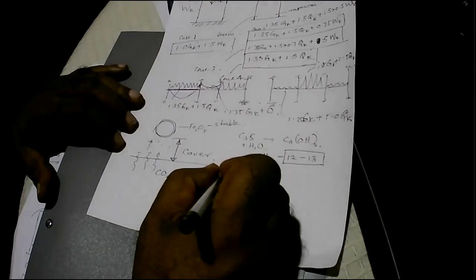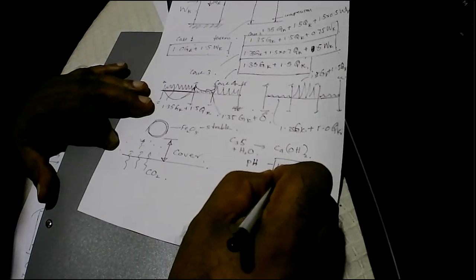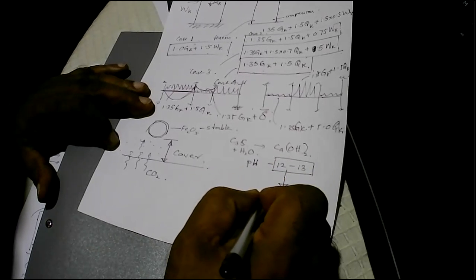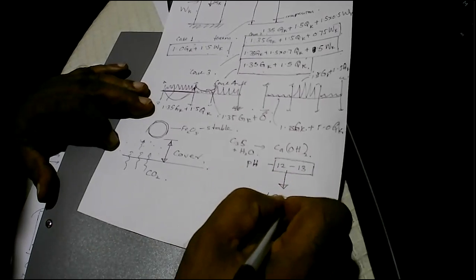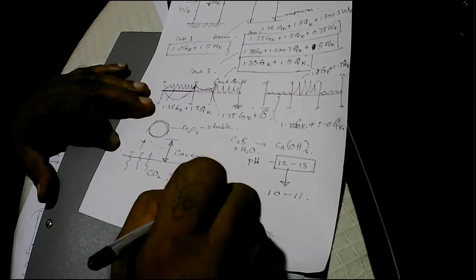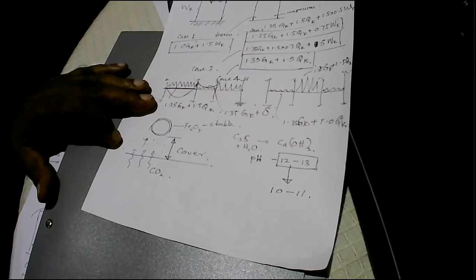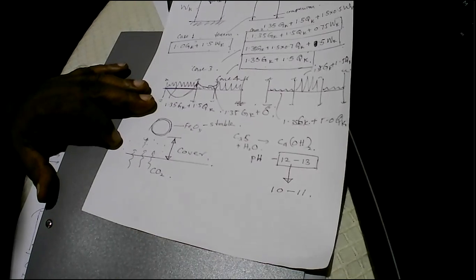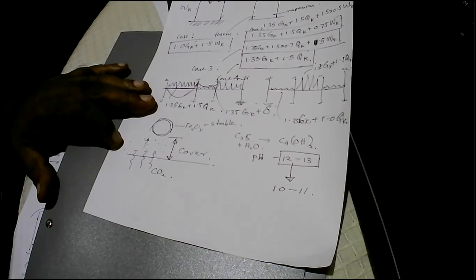And when the carbonation reaches reinforcement, the pH value can drop to about 10 to 11. And when that happens, this natural protection provided by the ferrous oxide layer will be lost, because when the pH is in the 9 to 10 range, ferrous oxide is not a stable substance.